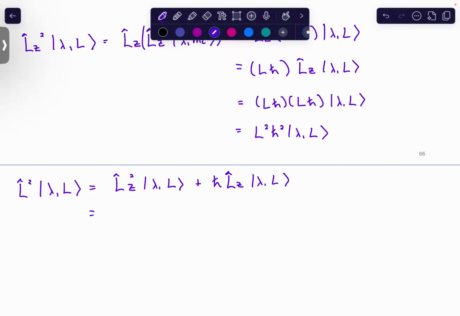Okay, so going to be L squared ħ squared.